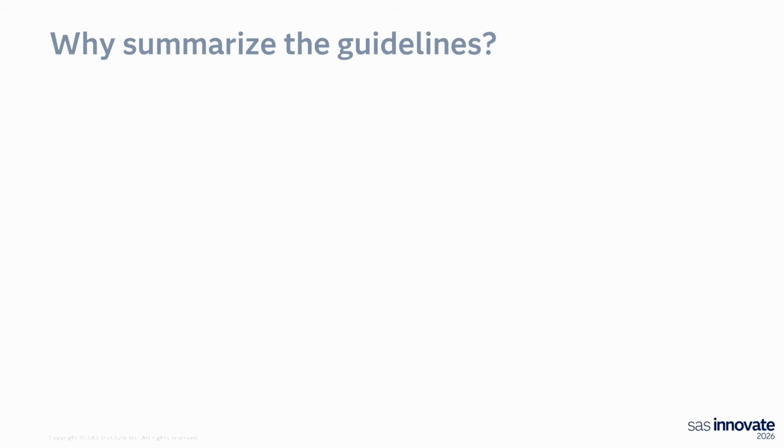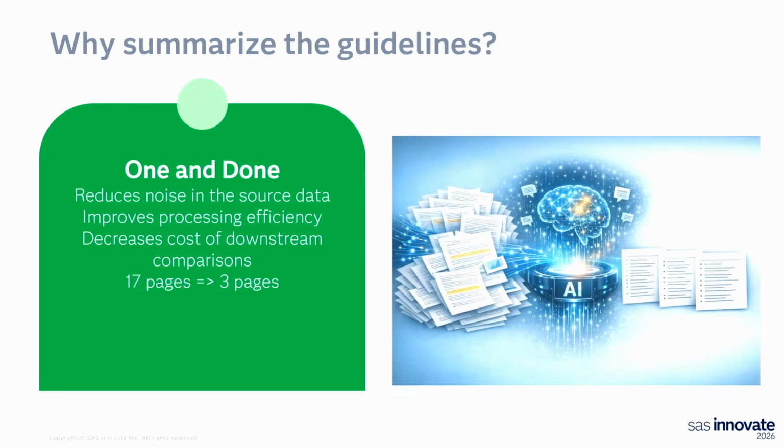Another question is about that first point I mentioned, where we want to summarize the guidelines. Why are we doing that? Well, there are a couple of reasons. One is that unless the document content changes, we're only going to do this once. That's one time you have to run this through the large language model to get this abstracted summarization.